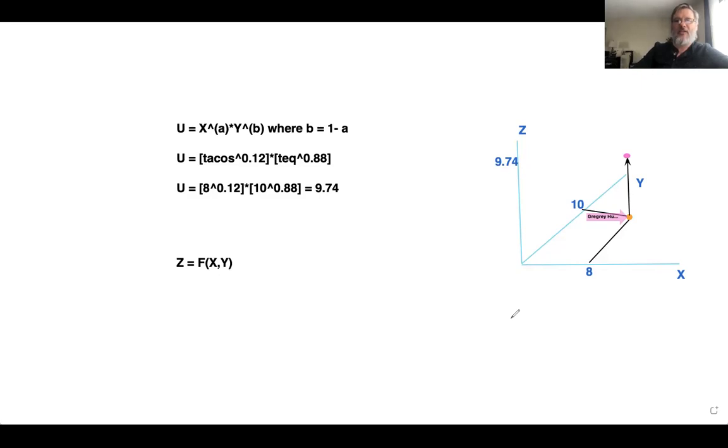And so the only thing that changes here is this. Now, I'm using my scientific calculator on my phone, and I get 8 raised to the 0.12 power. And I get that to be 1.2834.